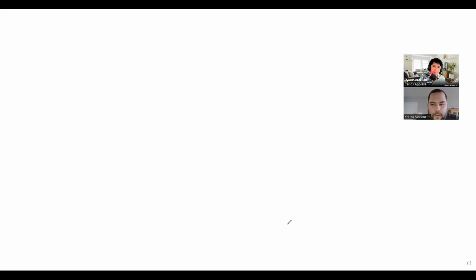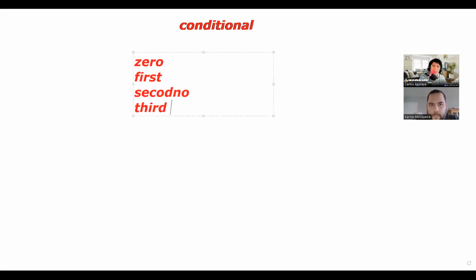In English, there is something that we call conditionals. And when you go to academies or institutions, they say zero conditional, first conditional, second conditional, third conditional. But I have a question. Are you going to be a teacher? No. So it doesn't make sense that you remember how we call them, right?